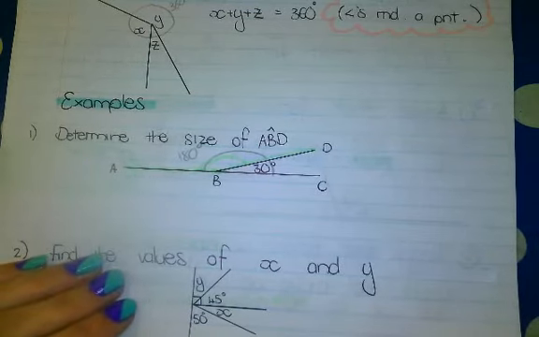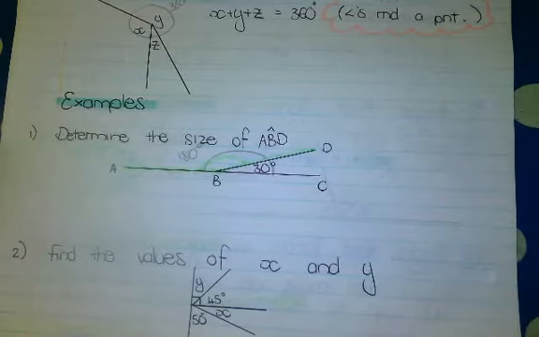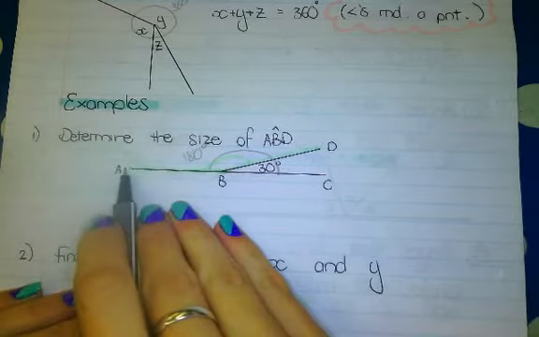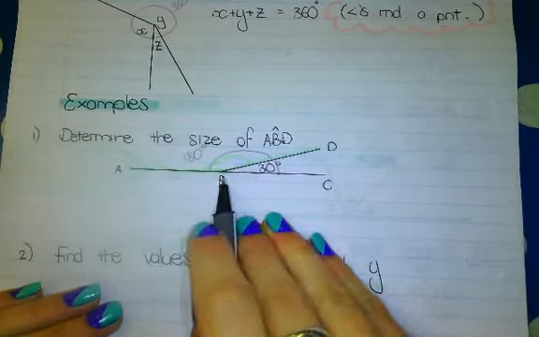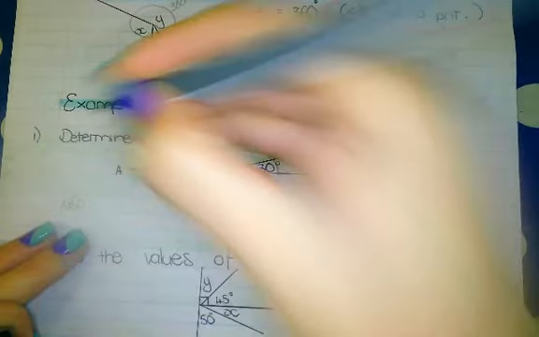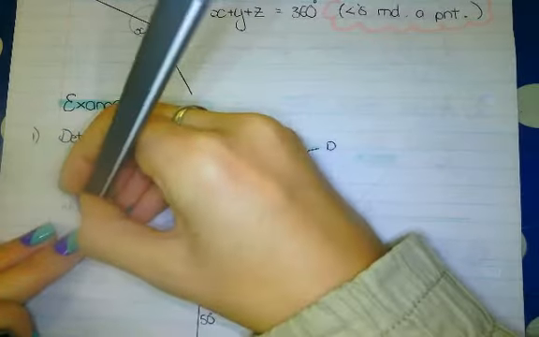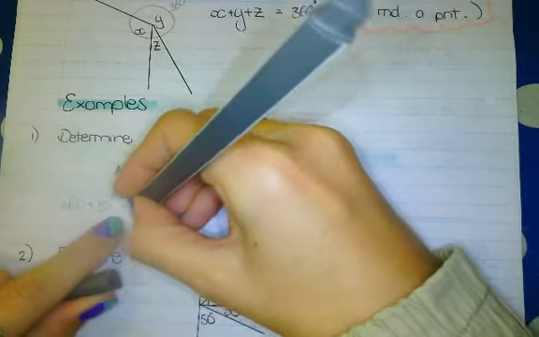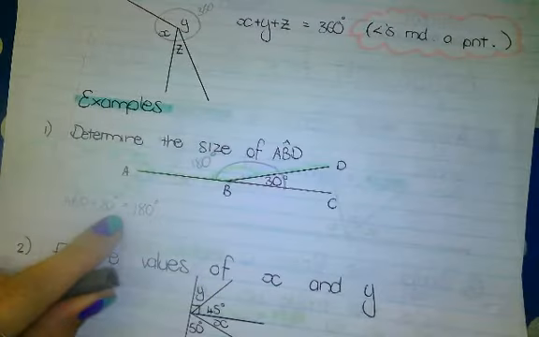Remember, when you do geometry, it goes statement, reason, solve equation. So we write down our statement, which is that the angle we're looking for, angle ABD, plus that little angle there, 30, must add up to 180 degrees because they form a straight angle.